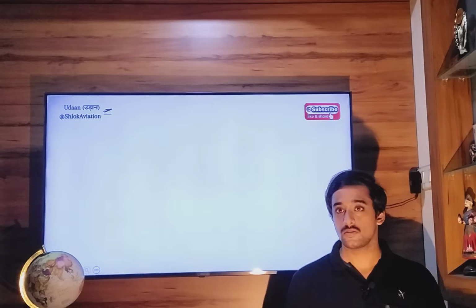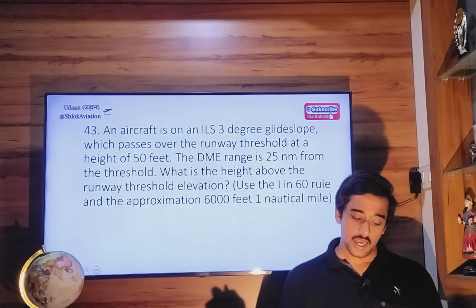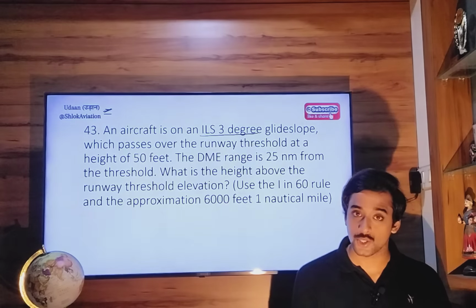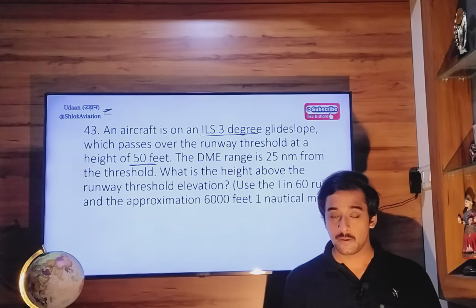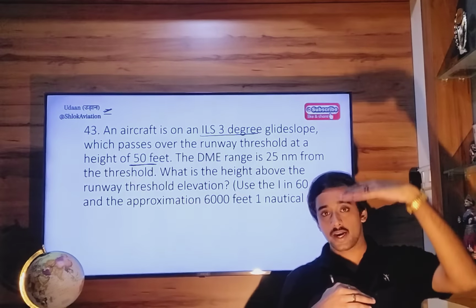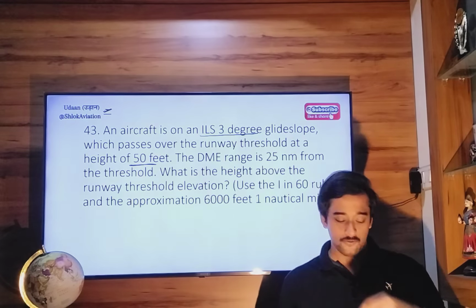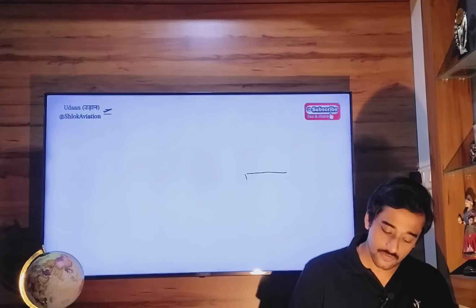Next. 43. An aircraft is on an instrument 3-degree glide slope which passes over the runway threshold at a height of 50 feet. That means the glide slope passes over the threshold of the runway at a height of 50 feet. So how will you represent it? Draw a runway.